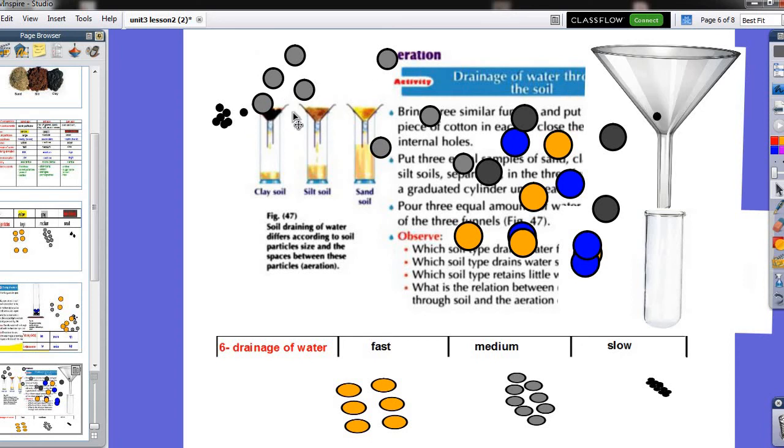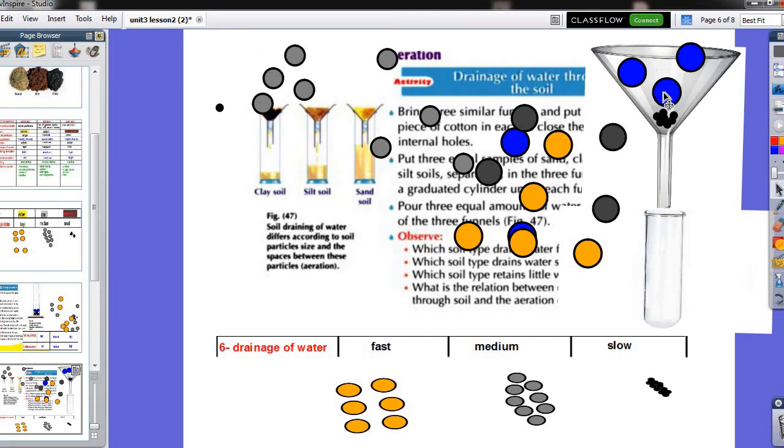The particles are very close, and the size of the particles is small, and the space between the particles is very tiny. When we pour some of the water, what will happen?